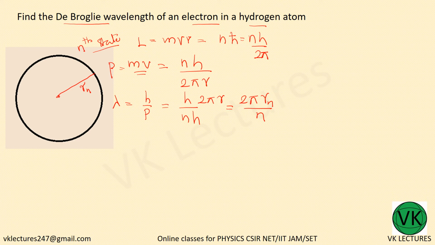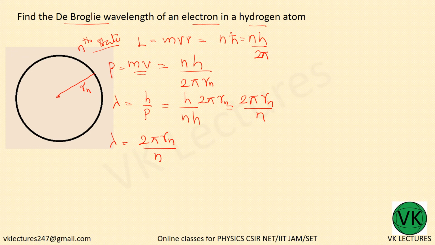Here you can write rn just to indicate it is in the nth state or nth orbit. So lambda is given by 2 pi rn divided by n.